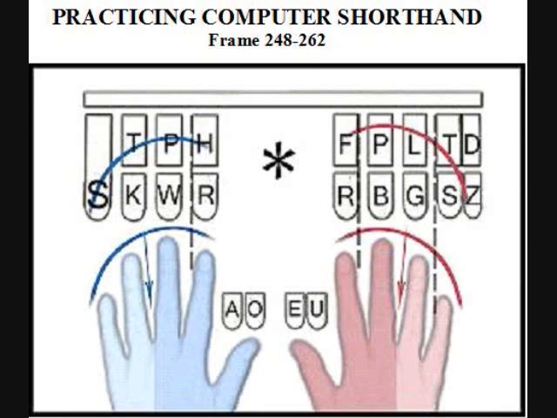Okay, frame 251 is should when it comes first in the phrase. Should I? Should you? Should he? Should she? Should it? Should we? Should they?